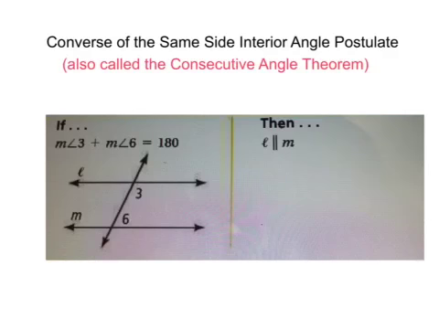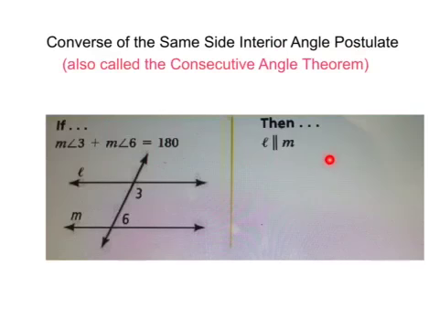The next one is actually a postulate. This says that using same side interior angles, or consecutive angles, they're on the same side, if these two angles equal 180 degrees, then the two lines must be parallel.